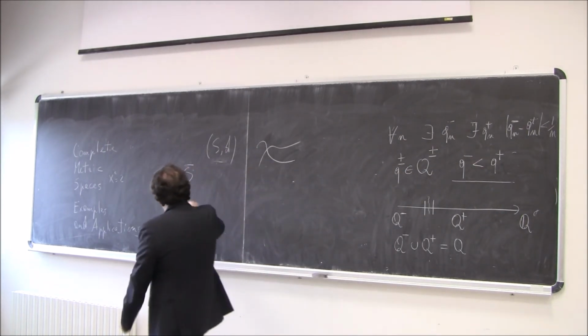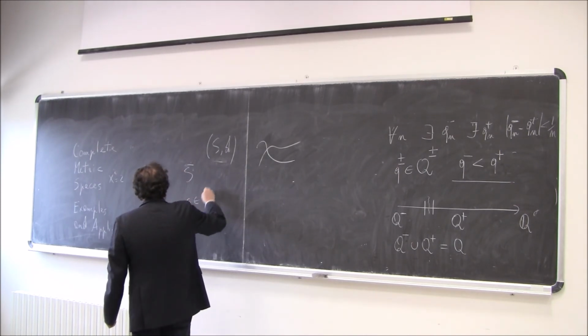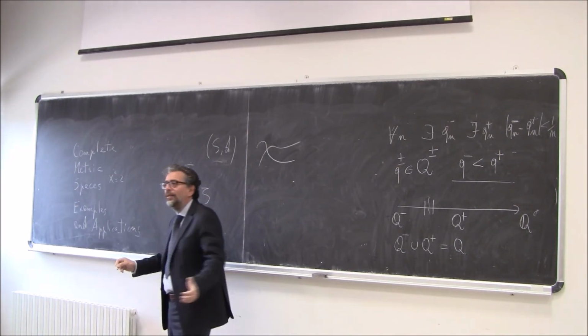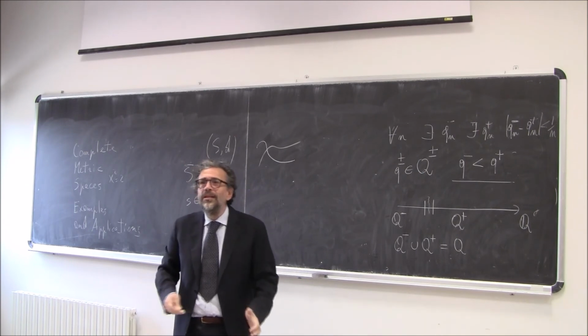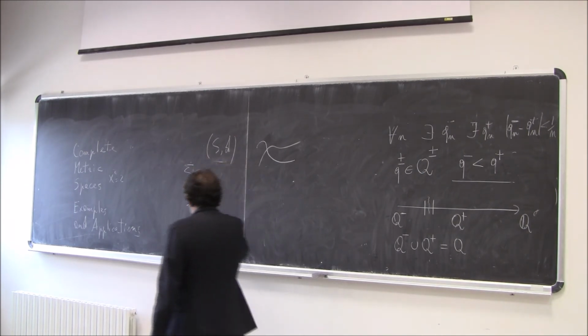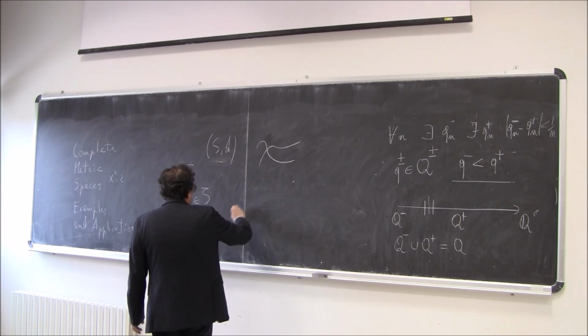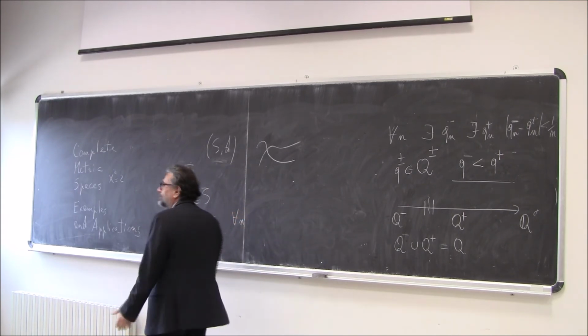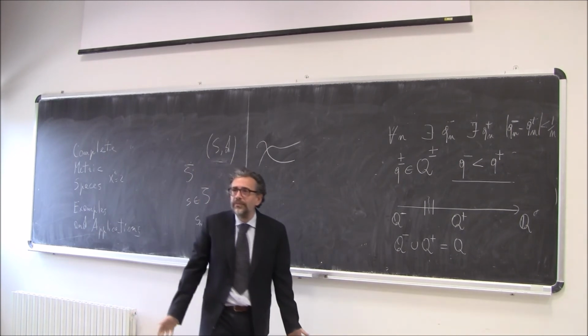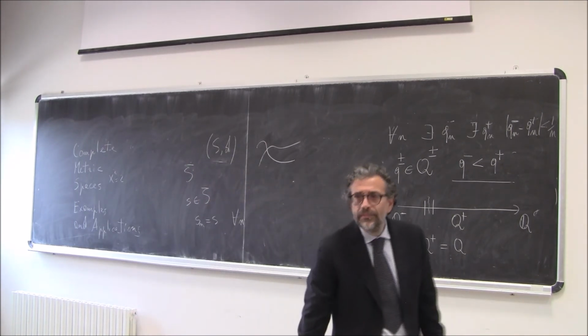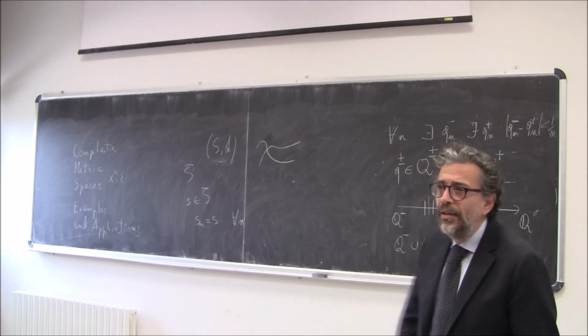I take an element S in S bar and I build a wonderful Cauchy sequence. Sn equal S for every n. It is the constant sequence. Okay?